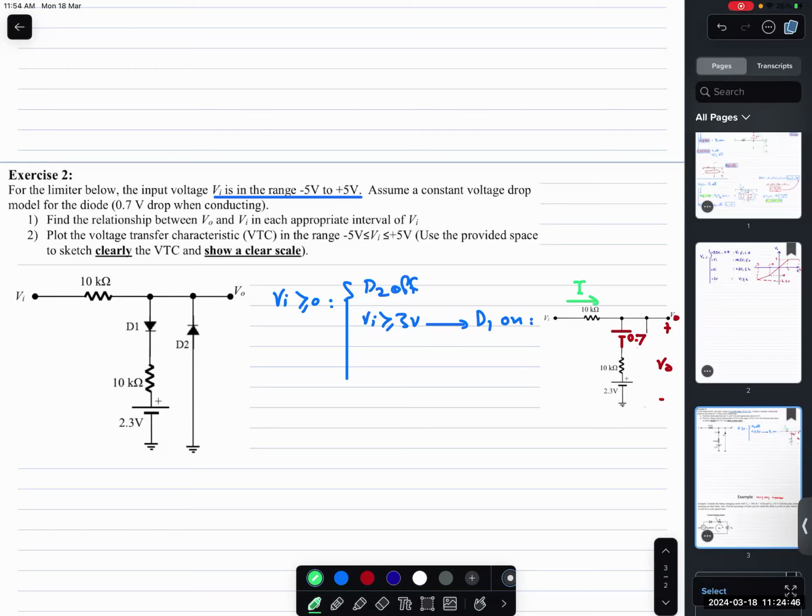So here, if you apply KVL, you get minus Vi plus 10I plus 0.7 plus 10I plus 2.3 equal to 0.